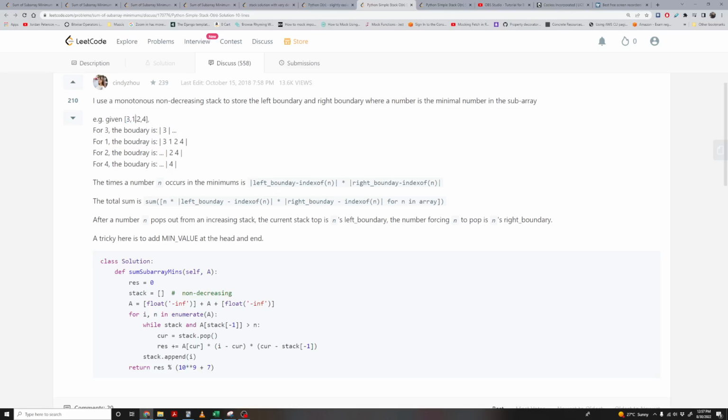But when we get to 1, we are popping 3 from the stack. We know that 1 is the right hand side of the 3. What is the left hand side of the 3? The last number that is still in the stack is going to be the left hand side, because we know it's smaller than this value and it's just next to it.